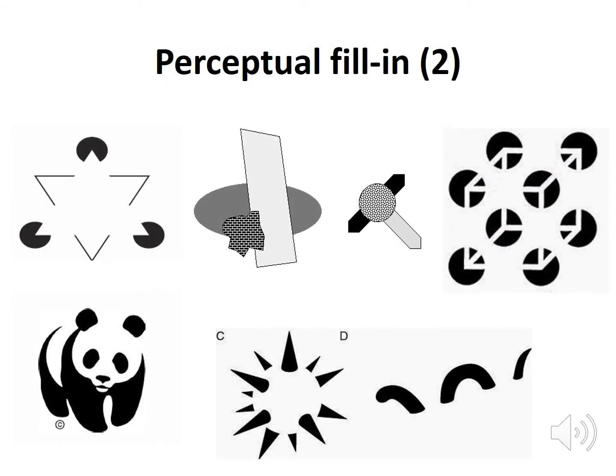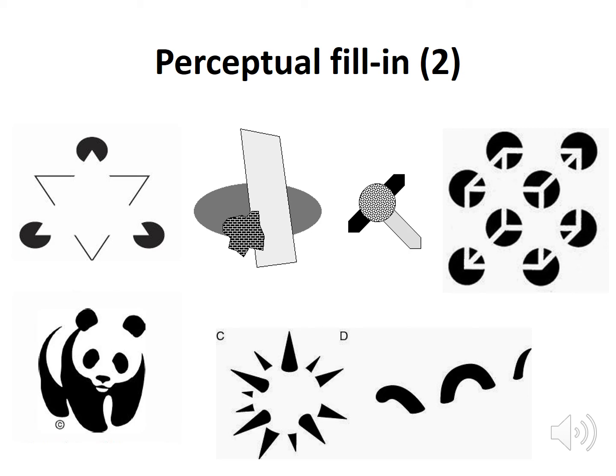Another perceptual fill-in is the fact that we tend to perceive shapes, lines, borders where they are not. We also try to cluster objects, even though from the sensation point of view they are not clustered. So let's take different examples. Here you can see in the upper left there is a triangle in the middle, a white triangle.